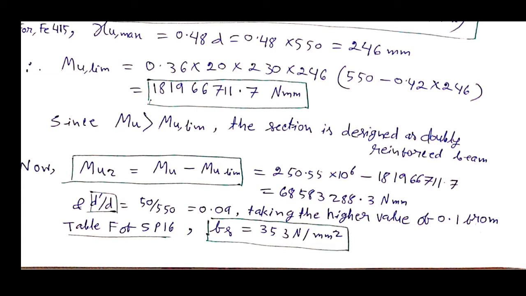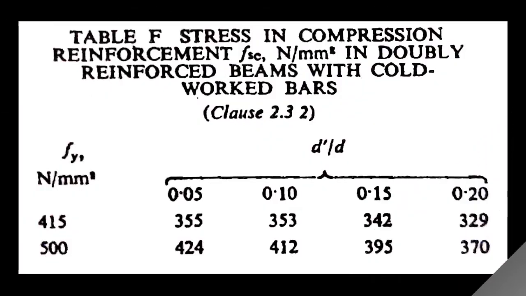The value of Fs, the stress in compression steel, we have to find from SP16 table F. But 0.09 is not given in the table, as you saw earlier also. The value for 0.05 and the value for 0.1 are given.